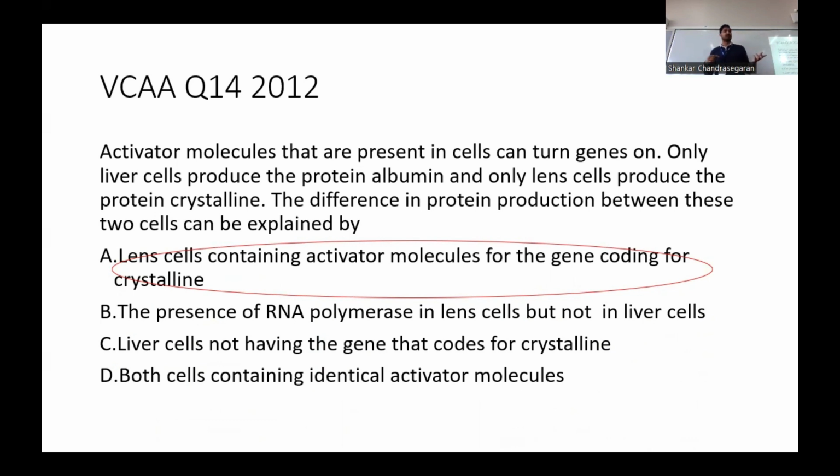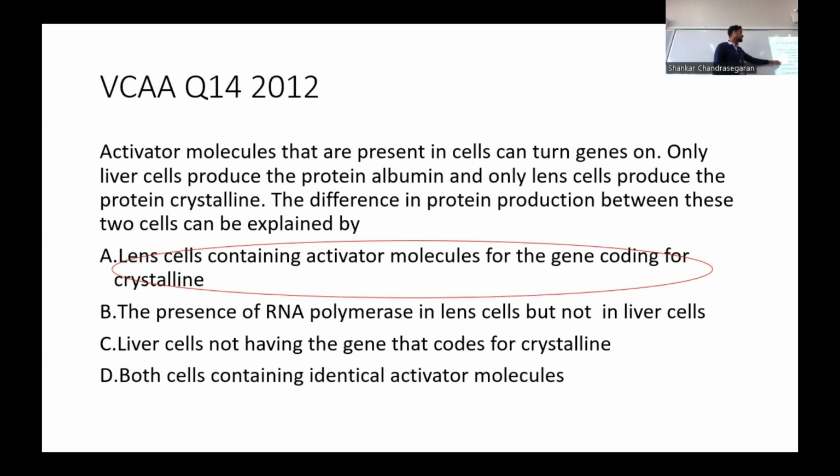Except for your reproductive cells, it's all the same. Every other cell in your body, except for your reproductive organs, has the same genetic code. It's the same DNA, basically the same textbook that they derive information from. So it's going to have that gene. All the genes in your body are going to be present in your liver cells as well. But the difference is it's not making or expressing that gene.